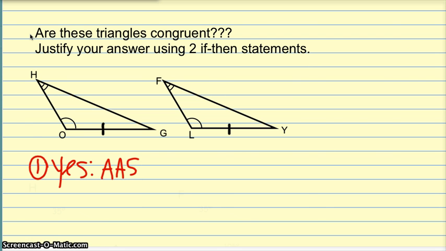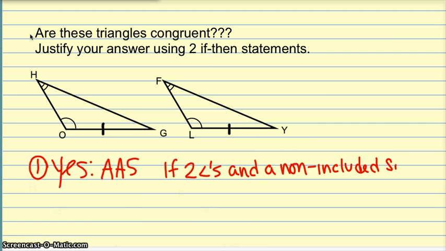So my if-then statement: if two angles and a non-included side are congruent.